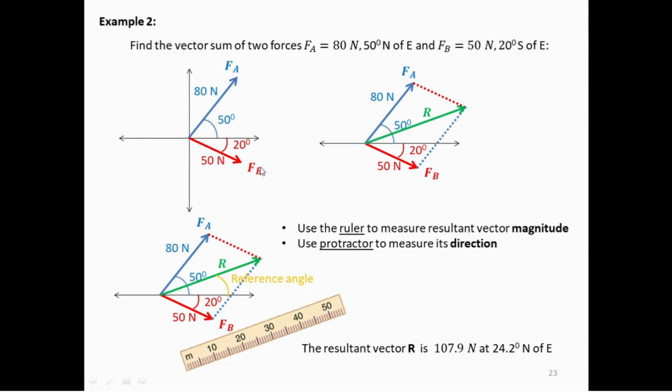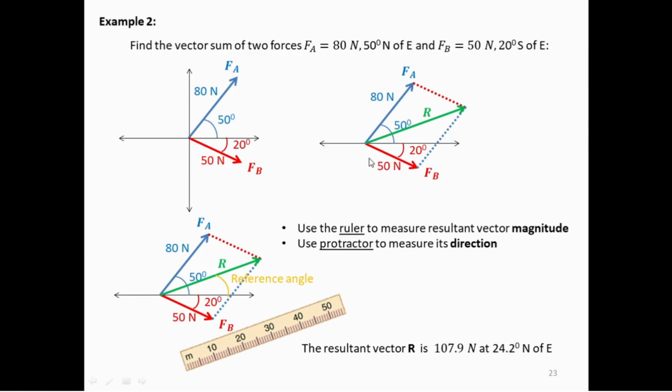To add them using the parallelogram method, all you have to do is to project this arrow to the other side, as you can see here, and then project this arrow to the other side as well. So you have formed a parallelogram, like a slanted square or slanted rectangle.